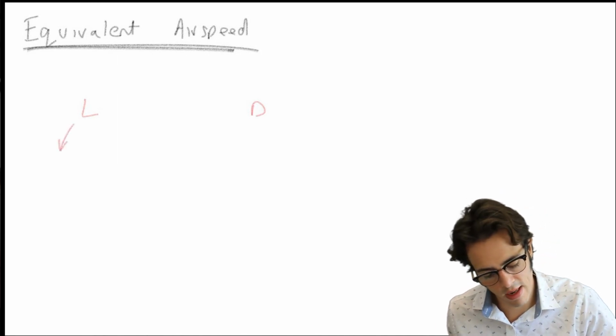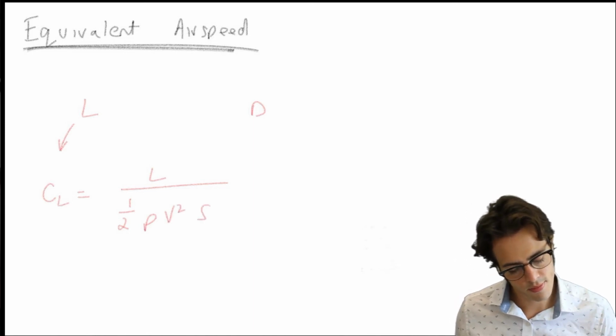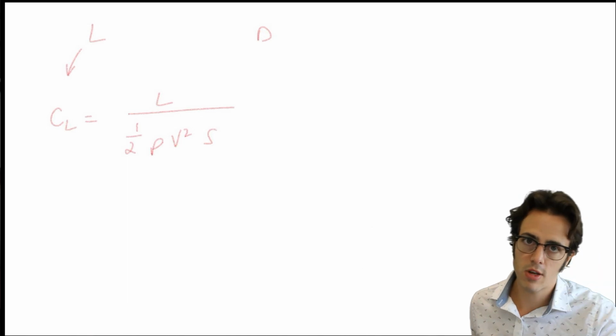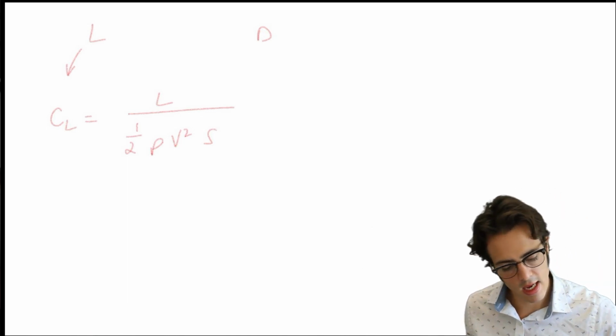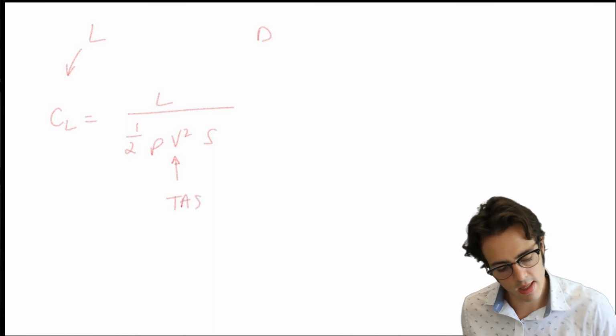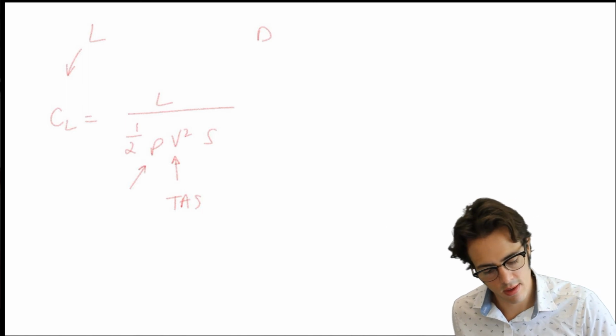So we tend to talk about lift in coefficient form. CL is equal to lift divided by a half rho v squared S. If we are talking about the lift coefficient, the velocity in here, because it's got no subscript, is true airspeed, and we then need to know what the density is at that altitude.